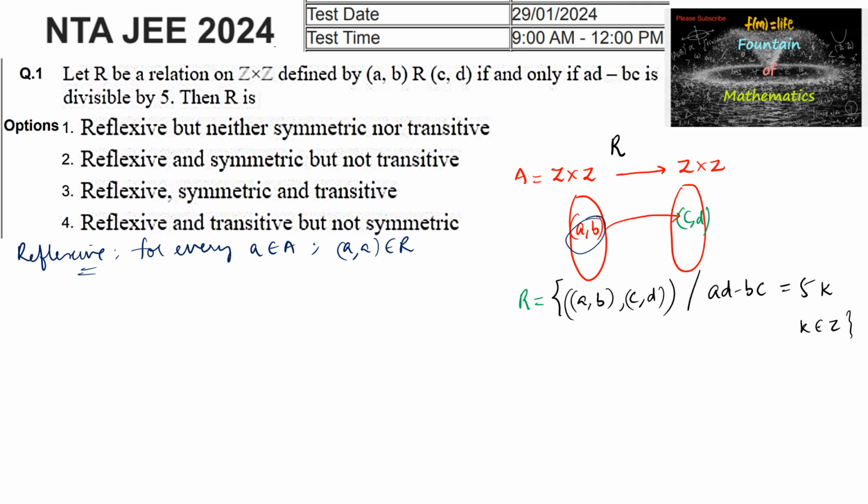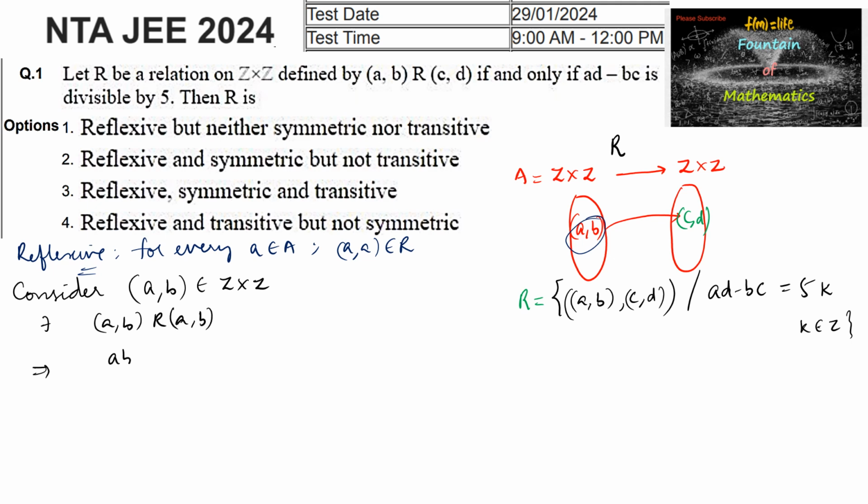So let us consider (A, B) belongs to Z cross Z such that (A, B) is related to (A, B).